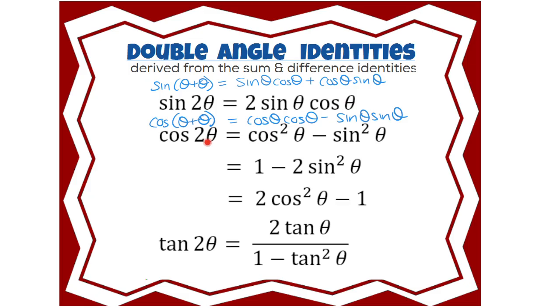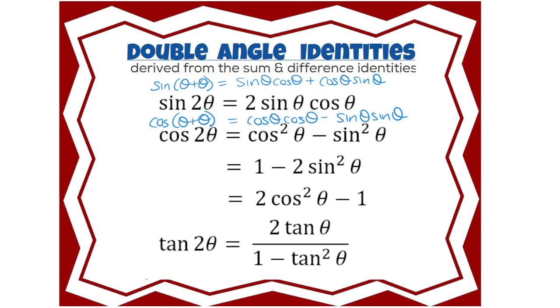If you look at the cosine version of it, 2 theta could be changed to theta plus theta, and then we could use our sum and difference identity. It'd be cosine of the first, cosine of the second, opposite sign, and then sine of the first, sine of the second. Well, cosine theta times cosine theta is really just cosine squared theta, and this is just sine squared theta. This is the most common version of it, but sometimes we would prefer it to only have one trig function.